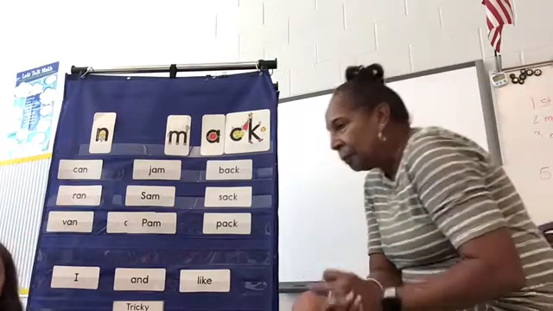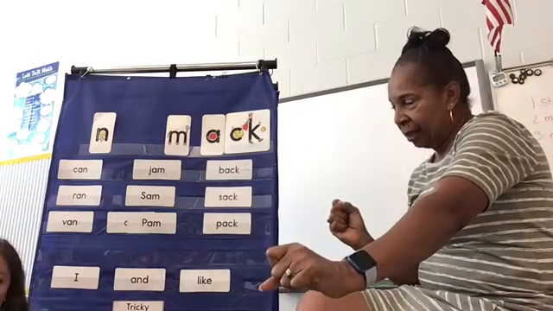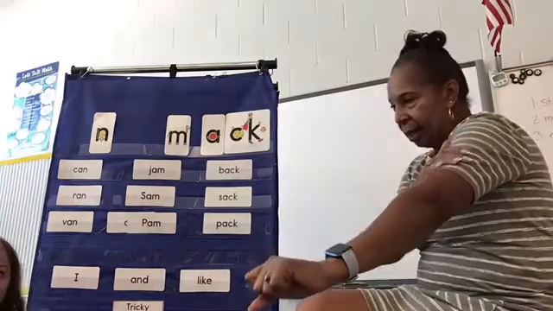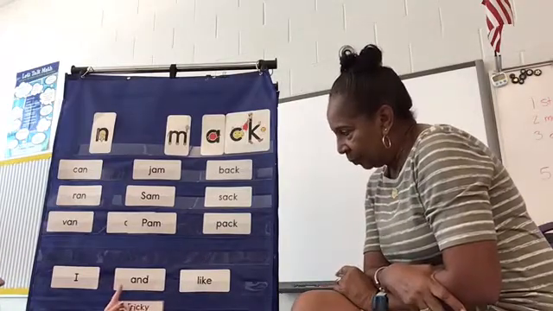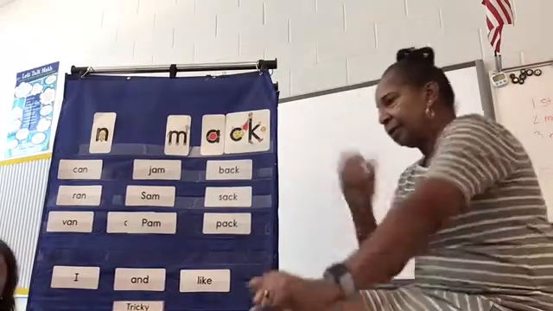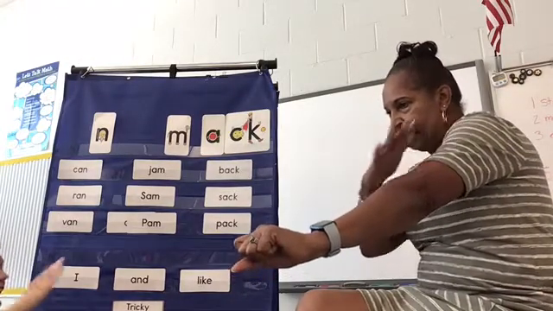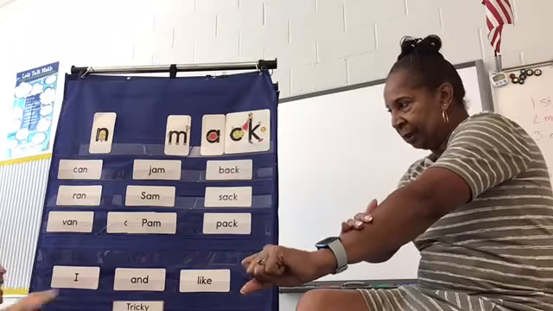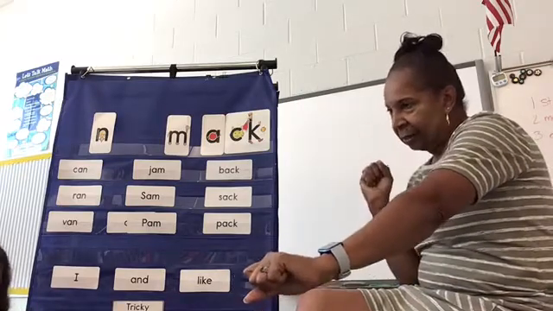Johnny, I want to see you doing this, buddy. Pull it down one more time. I. Tap it. I. Oh, that was easy. But it's a little bit harder with more letters like this word, and. Ready? Load it into your speller. And. A, N, D. And. One more time. And.